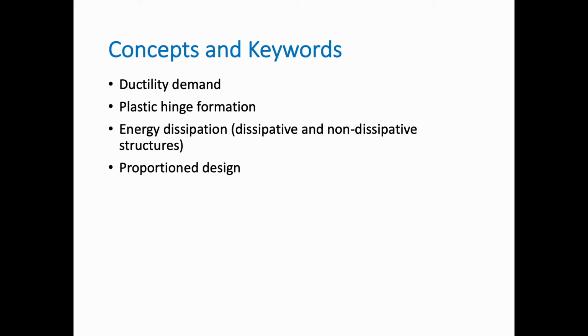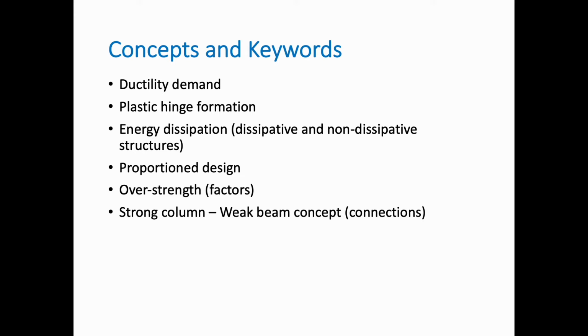When we design the structures, we're following the proportioning, and we have a proportioned design in order to make sure which elements will be the ductile ones to dissipate the energy and which elements will behave elastically. The overstrength factors, as you have used for the concrete, we will be using the same similar factors with the same concept for the steel.